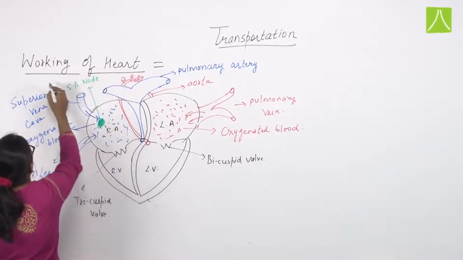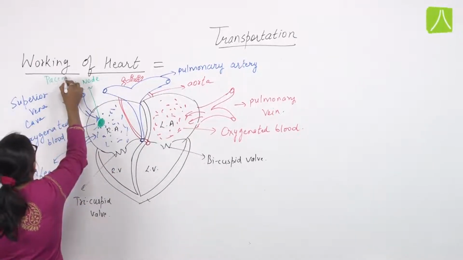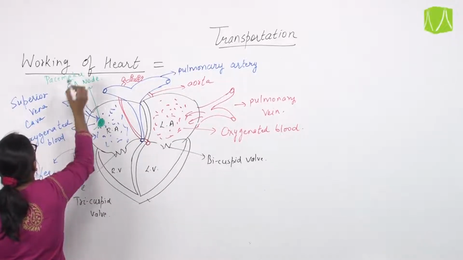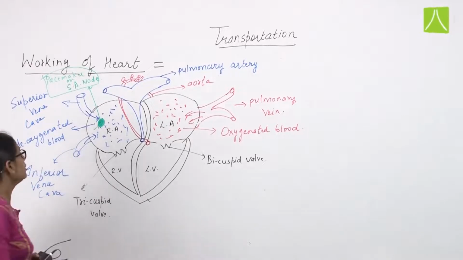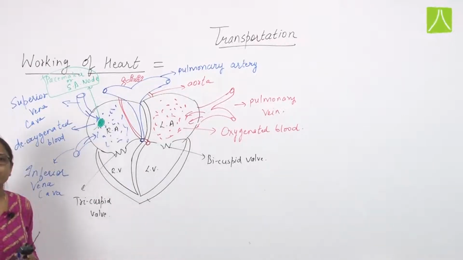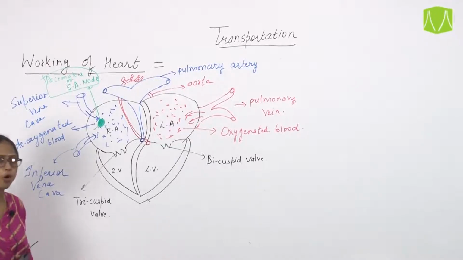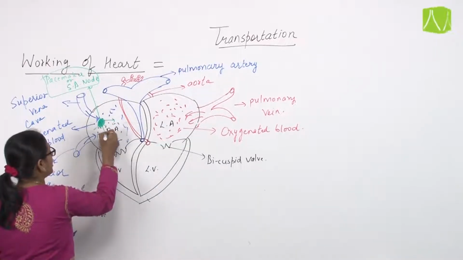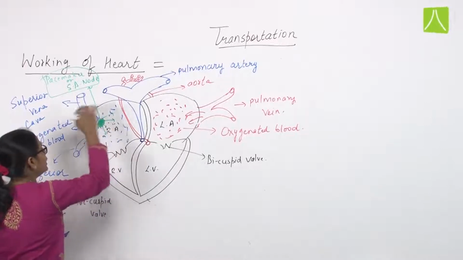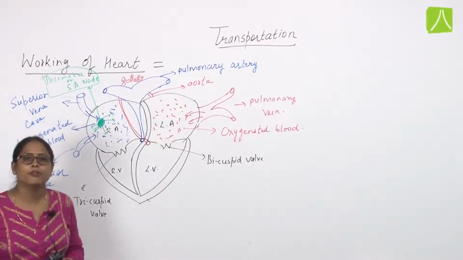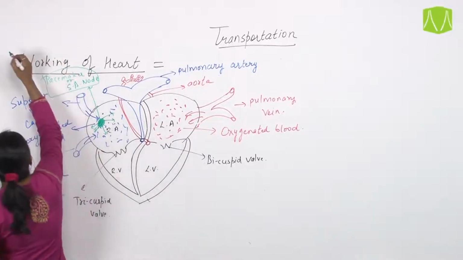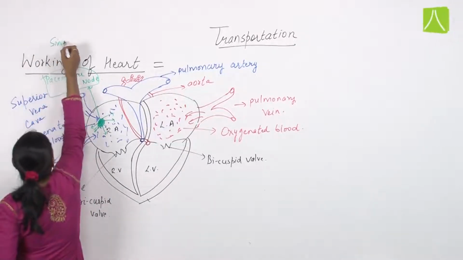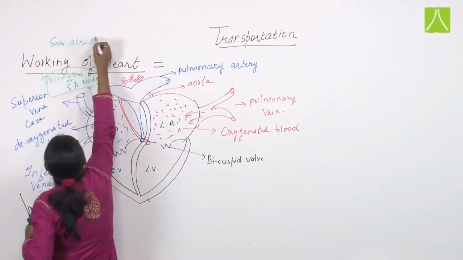SA node is also known as the pacemaker of the heart, or the heart of the heart. This is a type of neuromuscular fiber. That means it passes signals to the wall of the auricle whenever blood enters into the auricles. The full form of SA node is sinoatrial node.